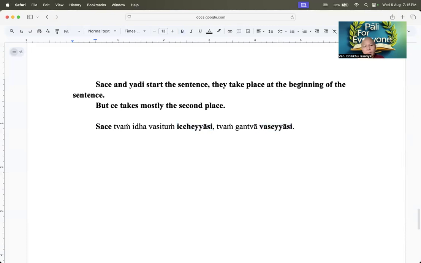So saji means "if". If you want to stay here, maybe you can or you could come and stay, in this way it can be understood. That is one example of the usage of saji and then yeti.